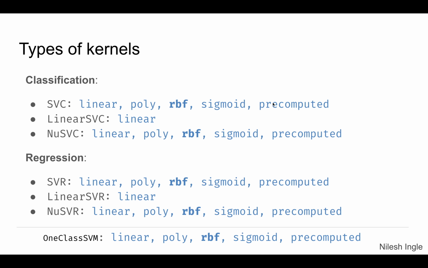The types of kernels that we can use with each of these methods: for linear, we just have the linear method, as we would expect. However, for all other methods, we can use all four types of kernels that we saw earlier. In addition, we can use a pre-computed custom kernel.